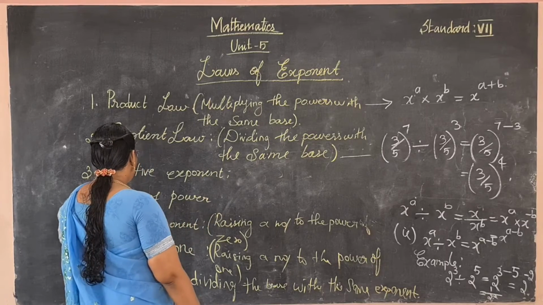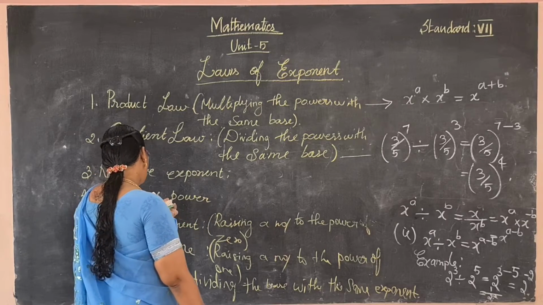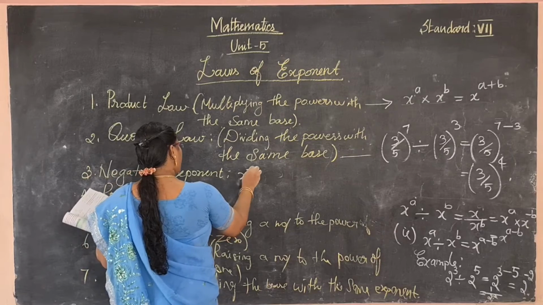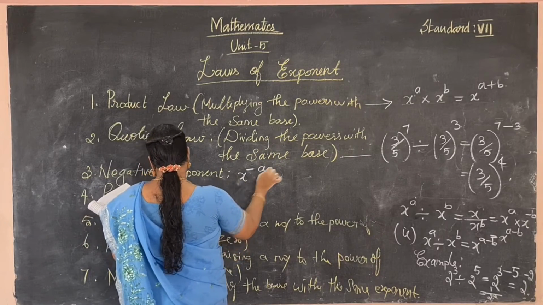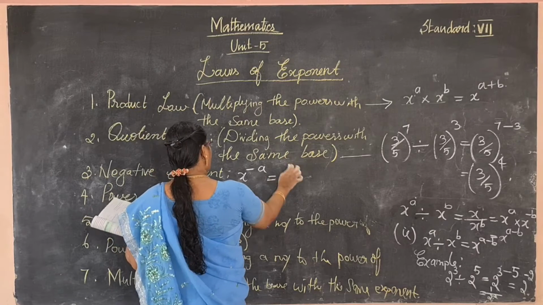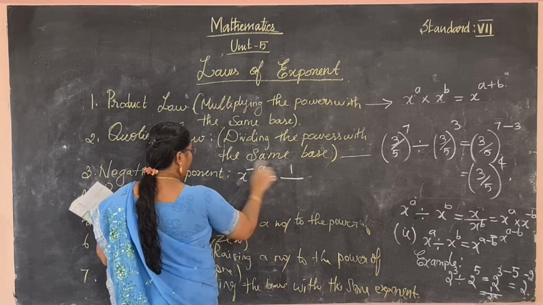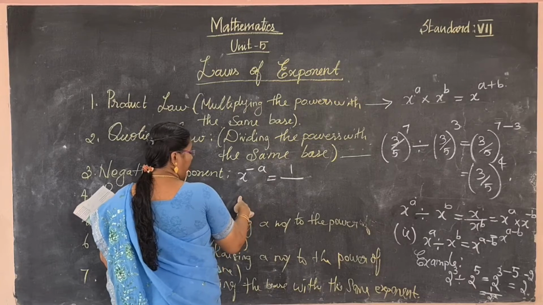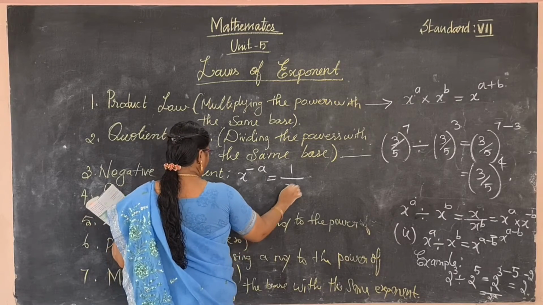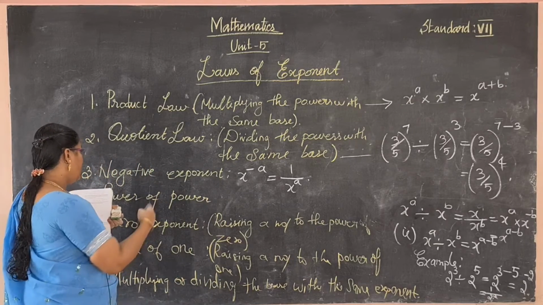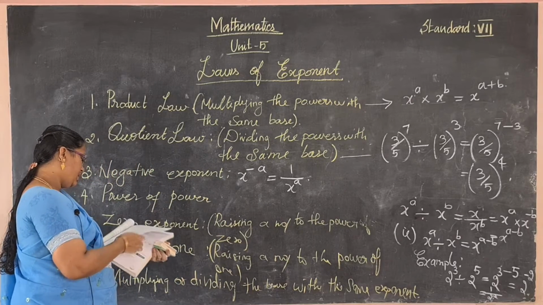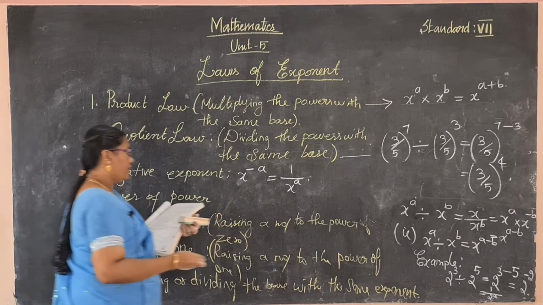So what is the definition of a negative exponent? x power minus a is equal to, we write it in the positive power by taking the reciprocal, that's all. So 1 by x power a is called the negative exponent.